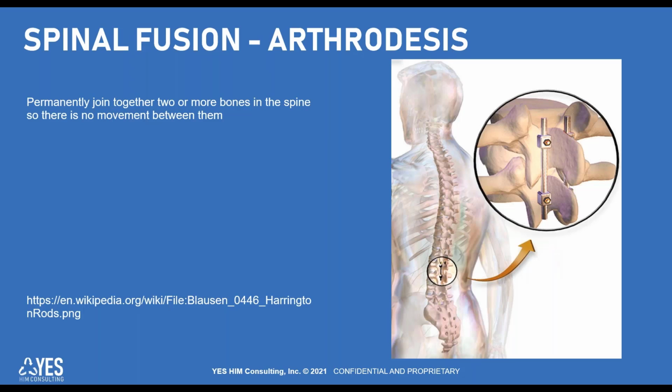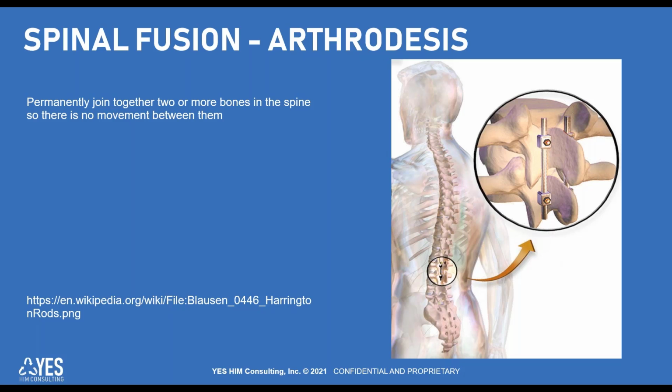So what are we doing exactly during a spinal fusion? Well, we are permanently joining together 2 or more bones in the spine so that there is no movement between them anymore. So really the goal with these spinal fusions is to hinder that movement, permanently join together 2 bones, and help with that pain level that a lot of the patients are experiencing.